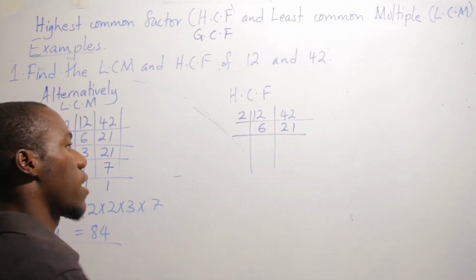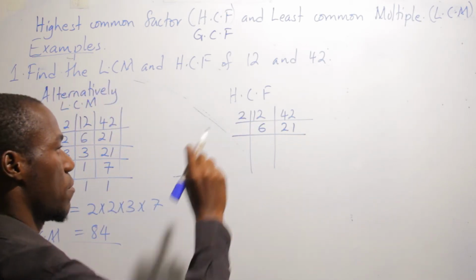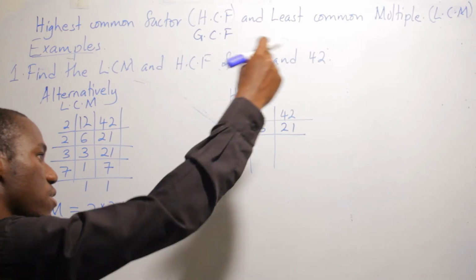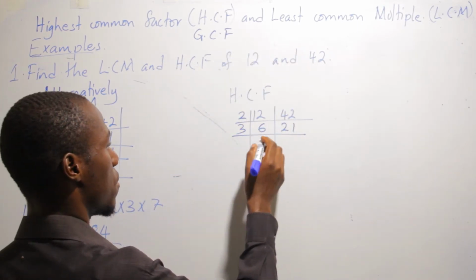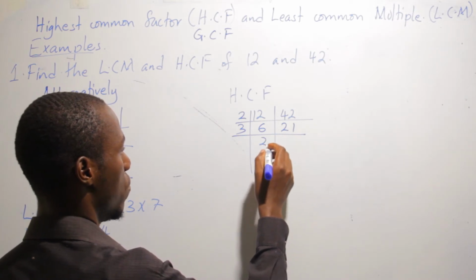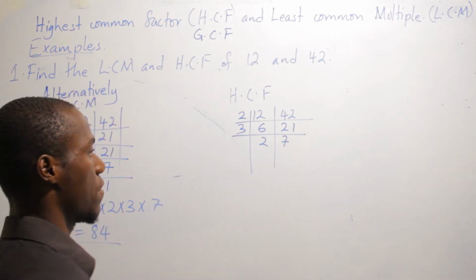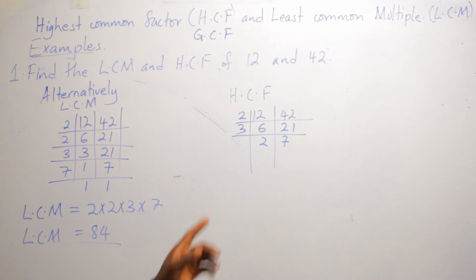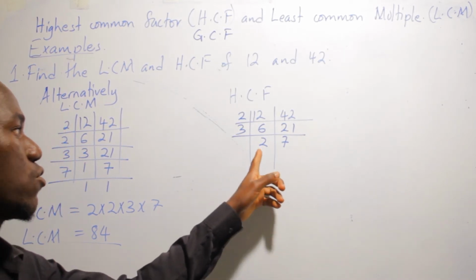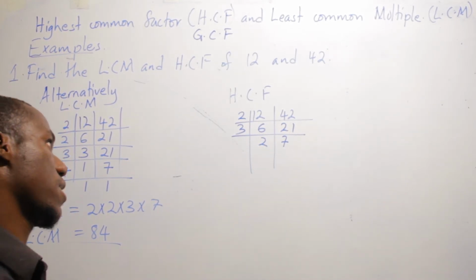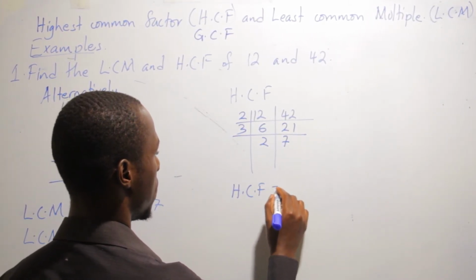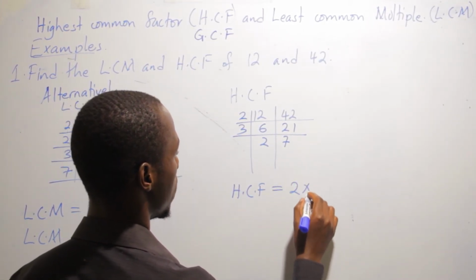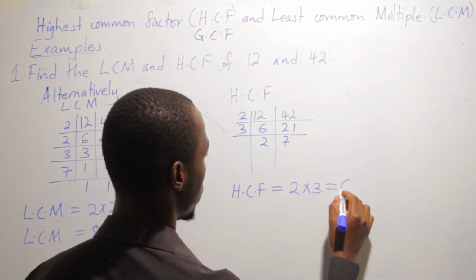Now a 2 can't divide 21, that is why I'm not going to use it. I skip to the next prime number, which is a 3. 3 divides that to have a 2, 3 divides that to have a 7. Now, there is no prime number that can divide 2 and 7 at the same time. Then I stop there and I say that my HCF is equivalent to 2 times 3 to get 6.